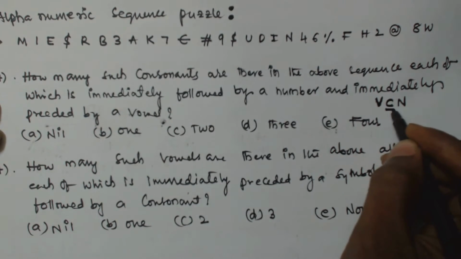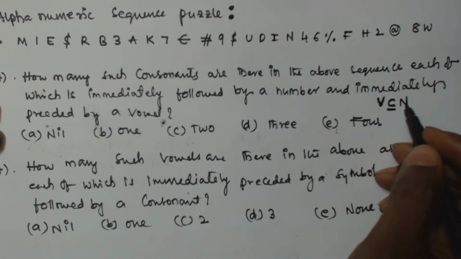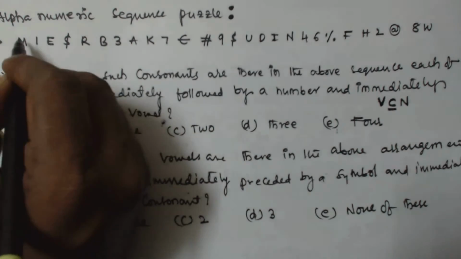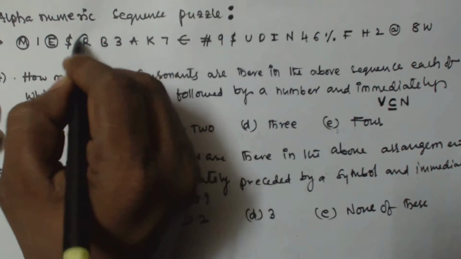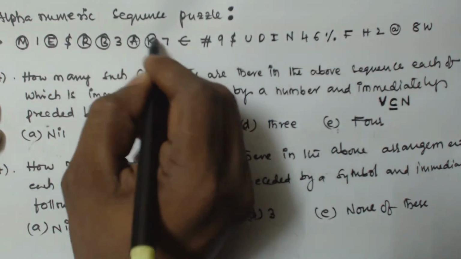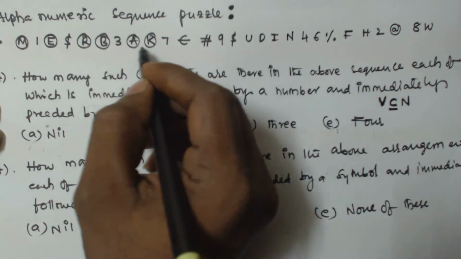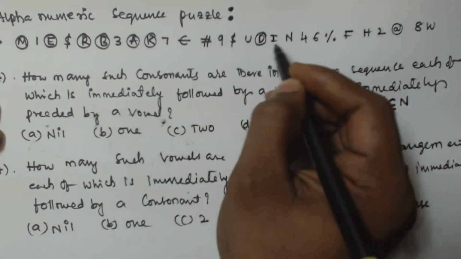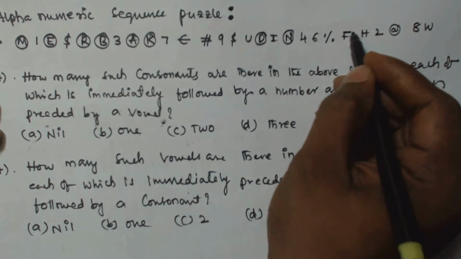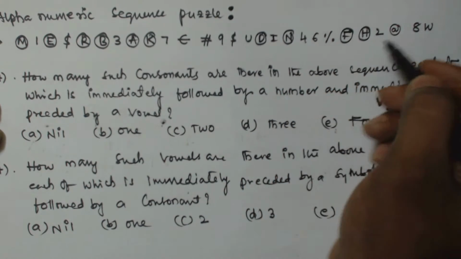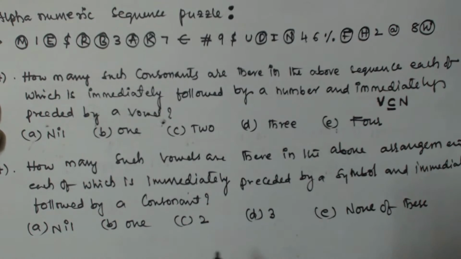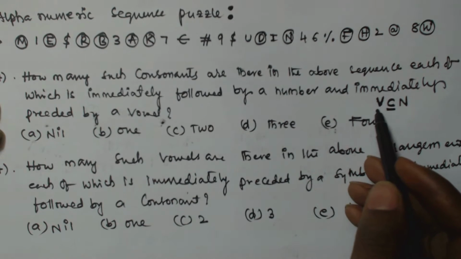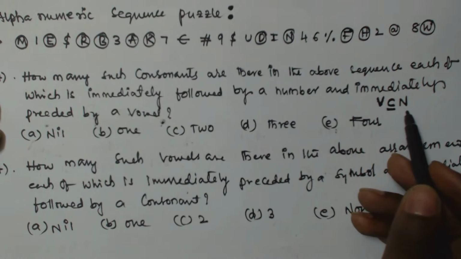So first of all we identify all the consonants: M, E, R, B, A, K, $9, U is not, D, N, F, H and W. Okay, we identified all the consonants and then we have to check that each must be preceded by a vowel and followed by a number.